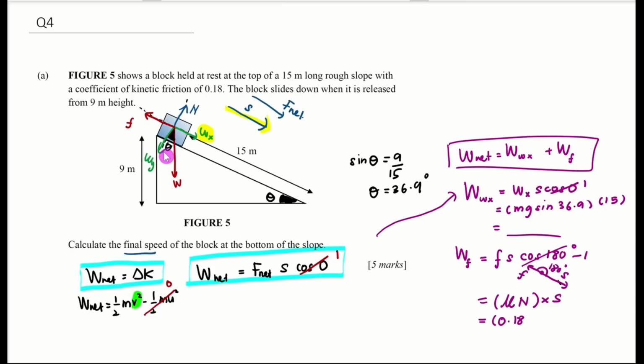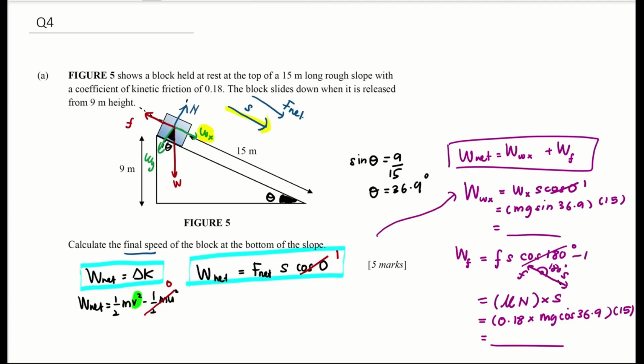Normal force is equal to mg cos 36.9 times mg, which is the mass is, kita masukkanlah, mg cos 36.9. Okay, and then times 15. Okay, so dapatlah tu kira dia punya work done by the frictional force.